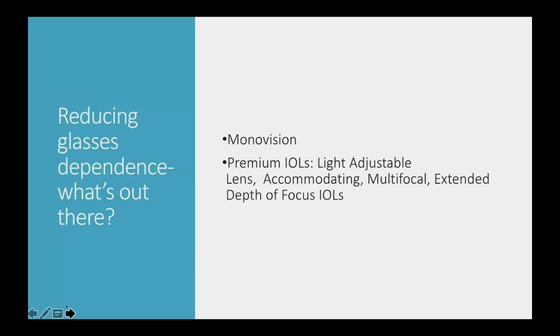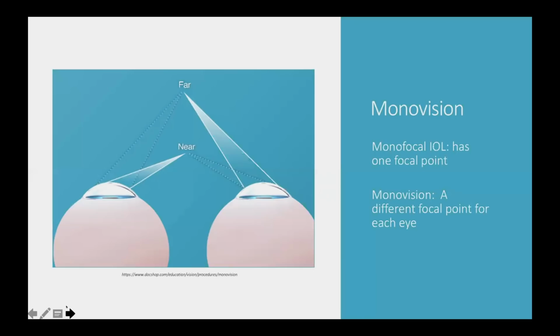And the goal with these lenses is to try to reduce glasses dependence for either all distances or a range of distances, but just to reduce the likelihood that you'll need to wear glasses all the time. So with monovision, you still use a monofocal IOL.